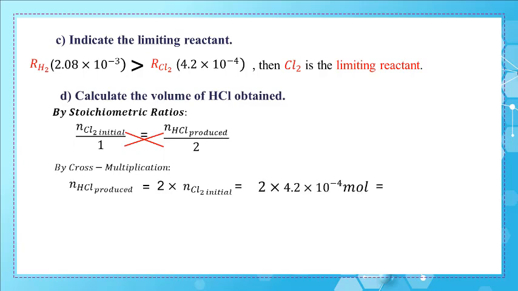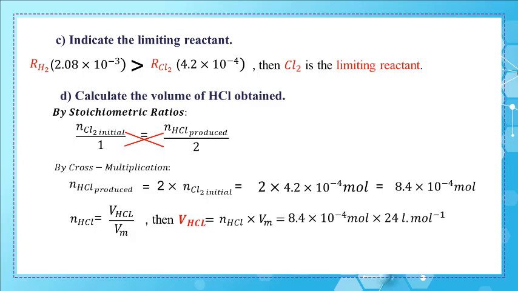It is equal to 8.4 times 10 power minus 4 mole. The number of moles is equal to the volume of HCl over molar volume. By using this relation, we can find the volume of HCl. It is equal to 8.4 times 10 power minus 4 times 24 equals 2.016 times 10 to the power minus 2 liters.